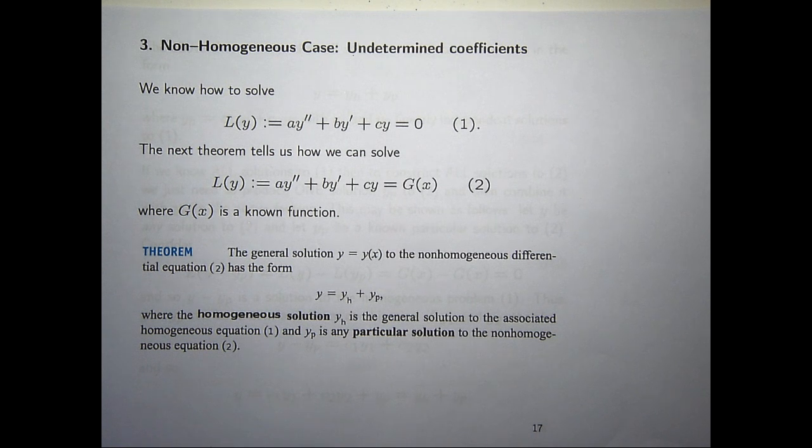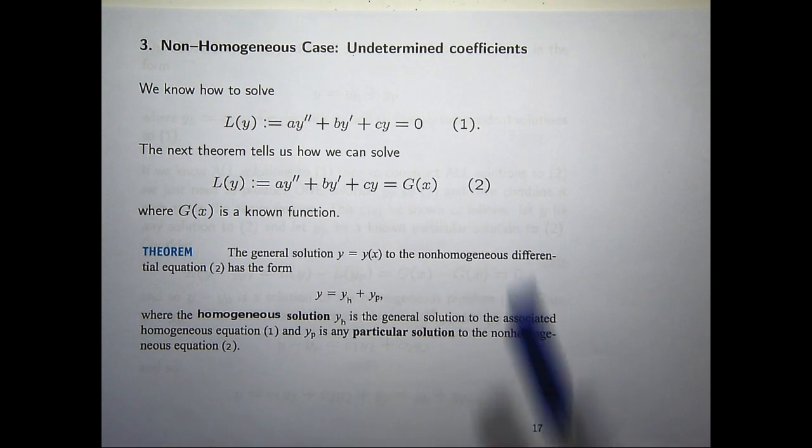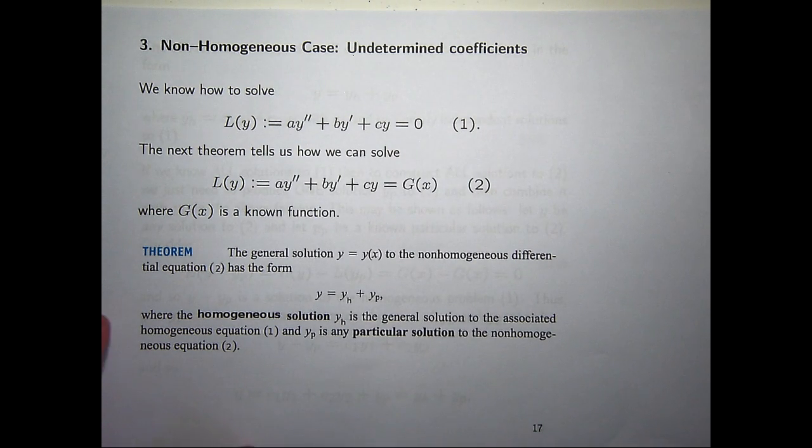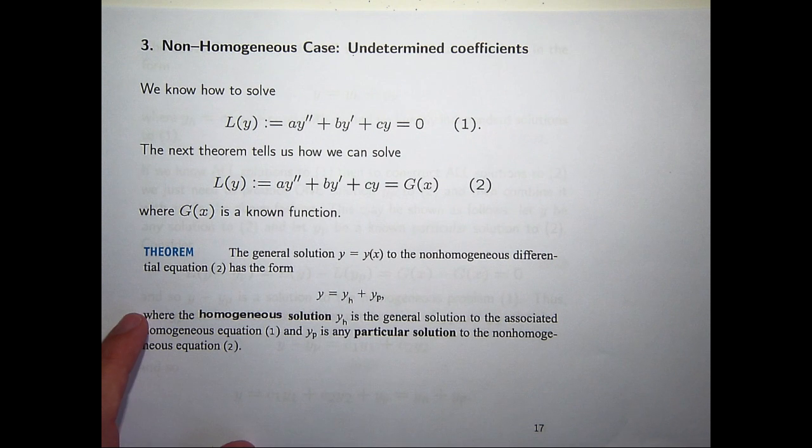Now what does this theorem say? Essentially it says that to construct a solution to this more general problem 2, what you do is you solve this simpler problem and construct a solution to the simpler homogeneous problem 1, denote that solution by y sub h, and then you construct another solution to 2, a particular solution, y sub p, and then add the two things together.